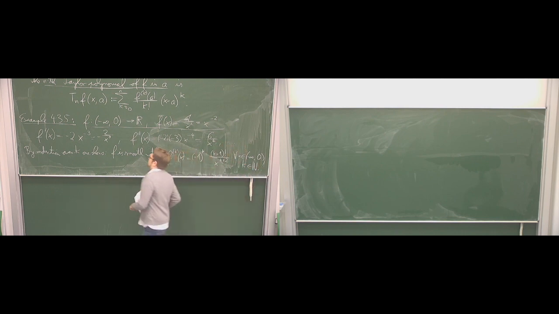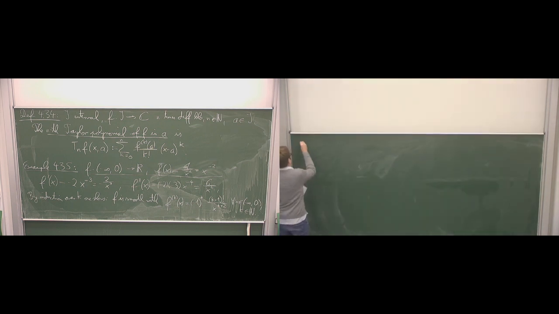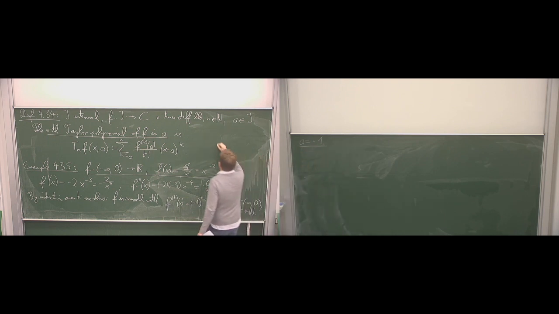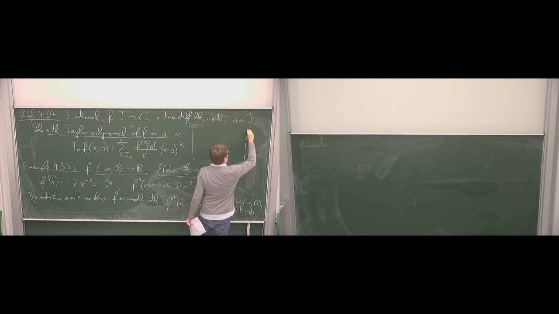Okay, now that we have this function, we need a value at which we want to locally approximate it, and I take a to be equal to minus 1. So at this point we want to approximate this function. Let me draw the graph of this function here. Now we're on the left side of the y-axis.